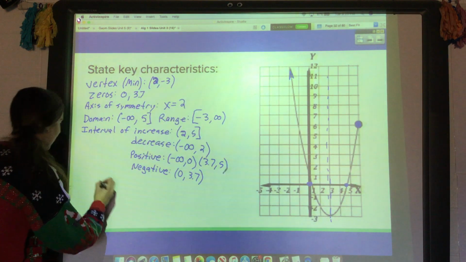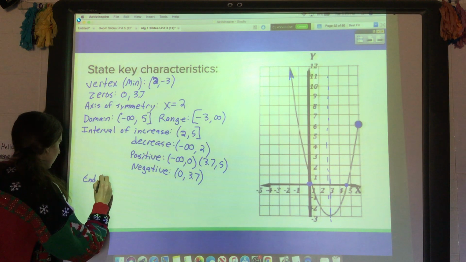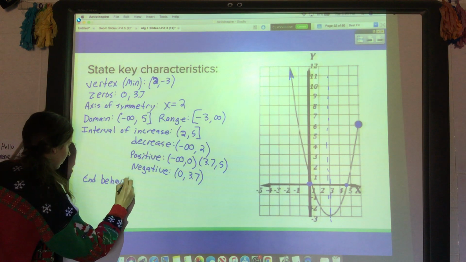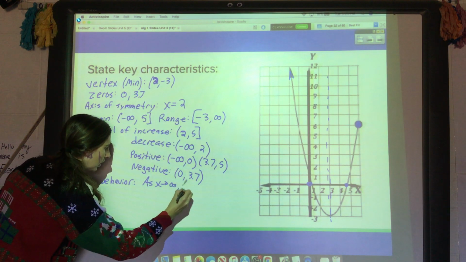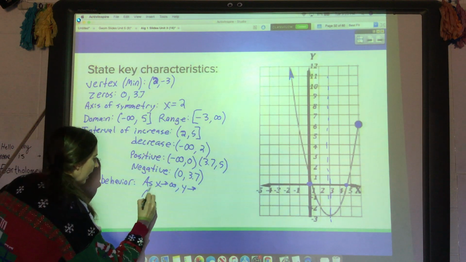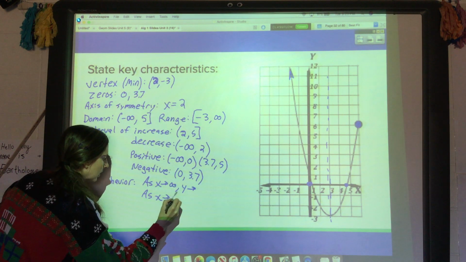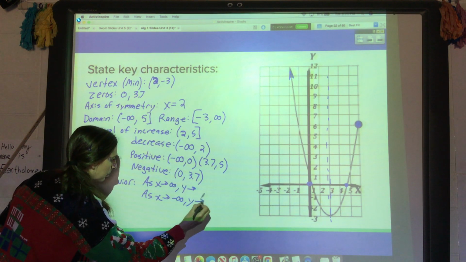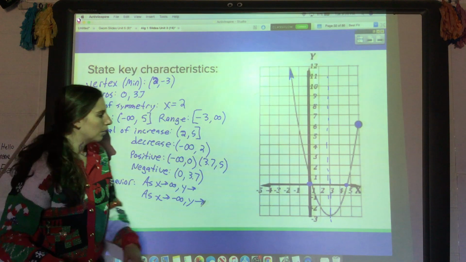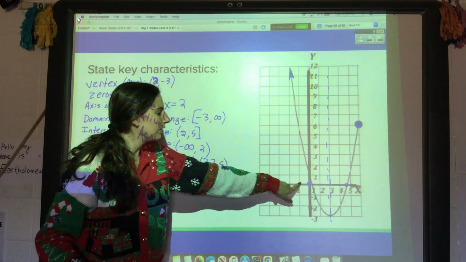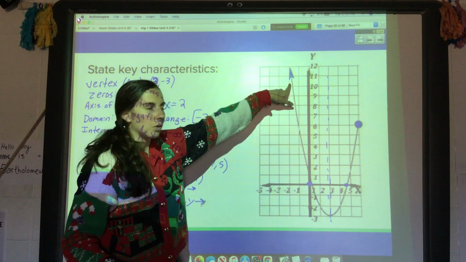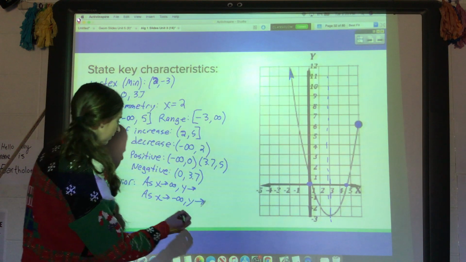And last, the end behavior. So as x approaches infinity, y approaches something, and as x approaches -infinity, y approaches something. On this side of the graph, as x approaches -infinity, y is going up, y approaches positive infinity.